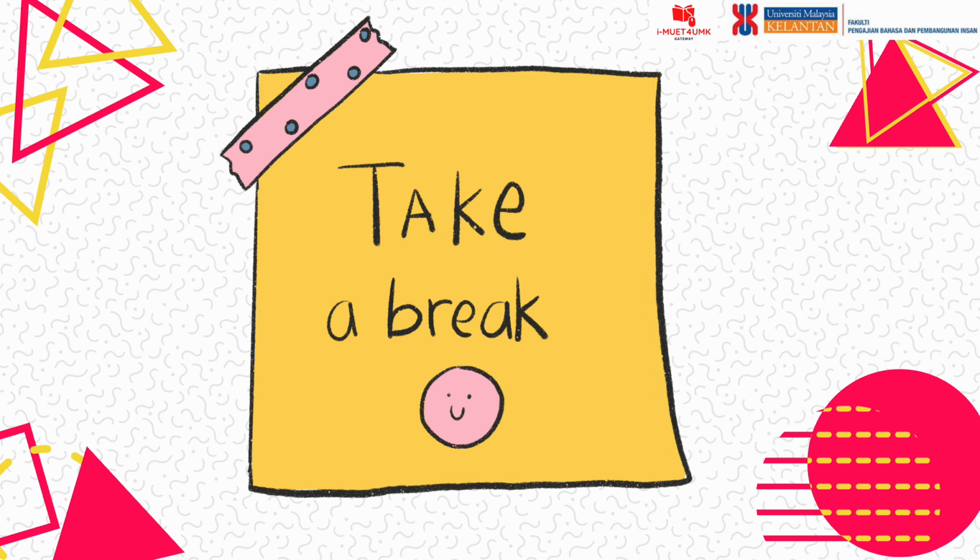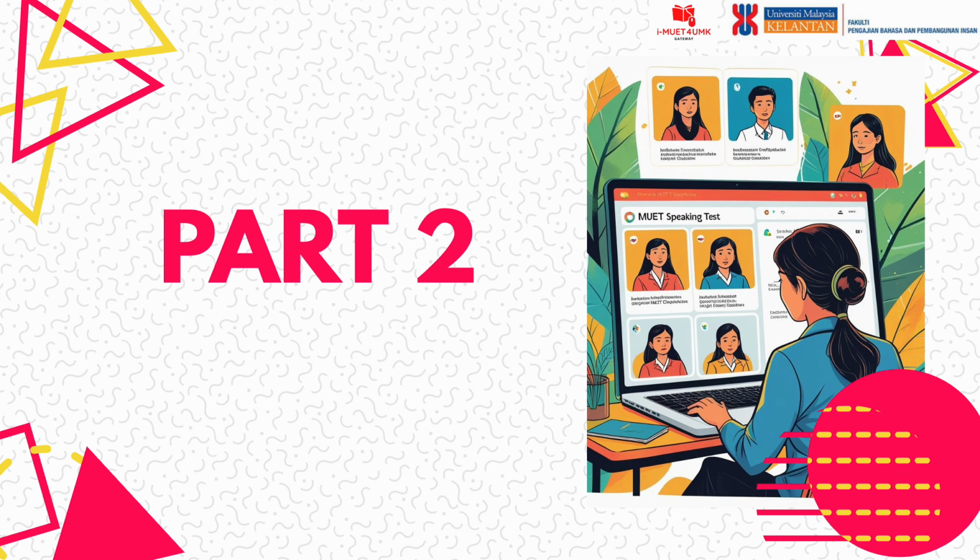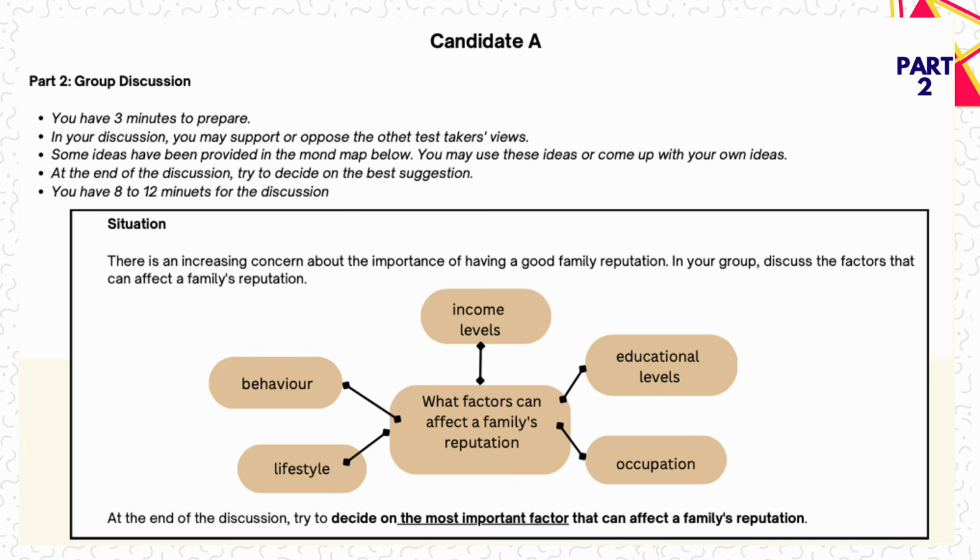I'll see you shortly. We now move on to part 2, group discussion. This part requires active participation, interaction, and teamwork. This is a sample task for part 2. Unlike part 1, for part 2, all the candidates will be receiving the exact same task sheet.